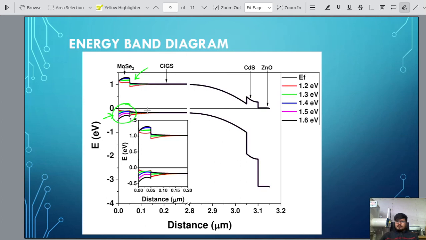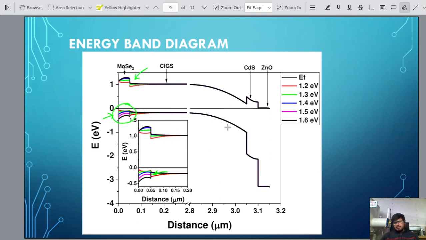So as there is a 1.2 electron volt layer between the absorber layer and the back contact layer, the 1.2 electron volt layer acts as a barrier for hole transport, which decreases the charge collection at the back interface.